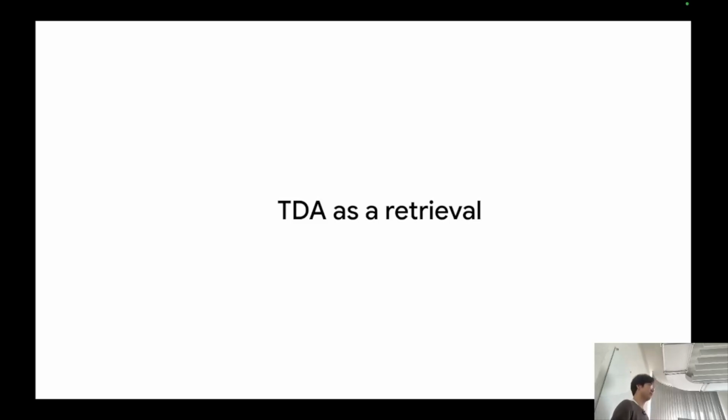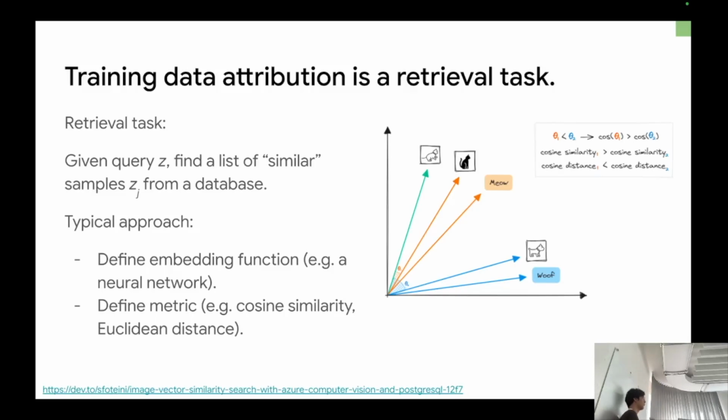And that actually brings me to some intuition around a unifying framework for TDA, training data attribution in general, as a retrieval task. Because when you compute some vector that depends on the sample, and after computing the vector you take some kind of inner product, the first thing that comes to mind is that this is a retrieval problem.